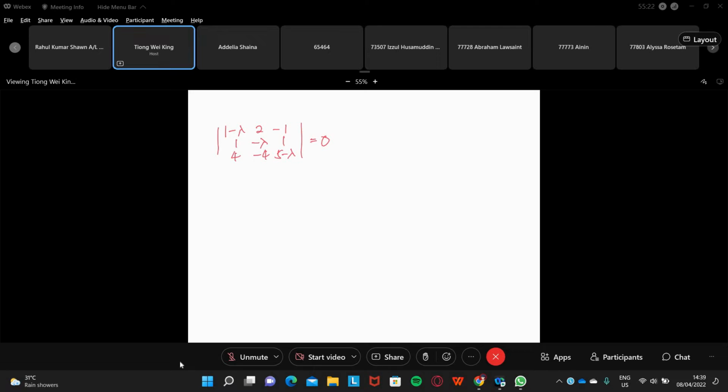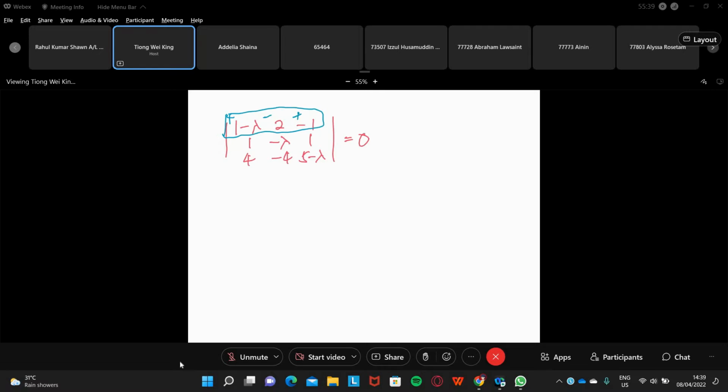Let's say we do cofactor expansion along row 1. Remember the plus, minus sign pattern.